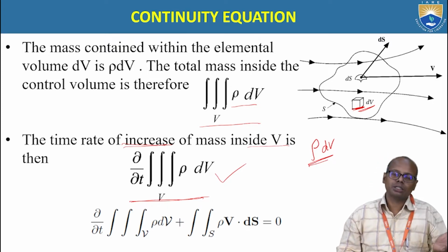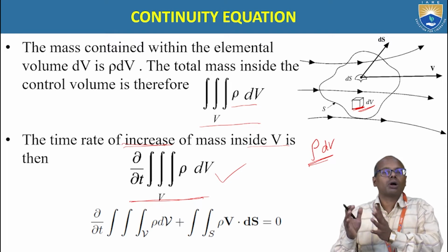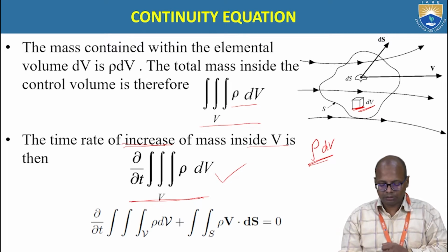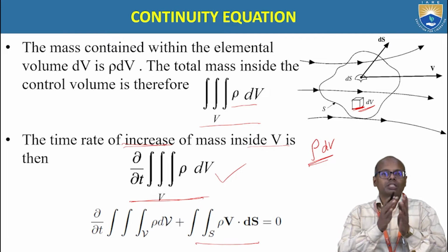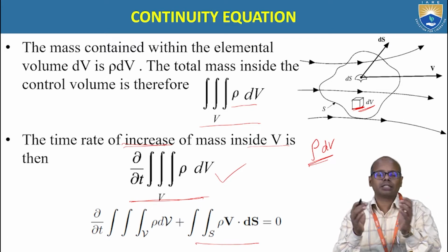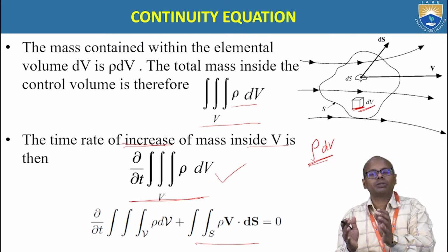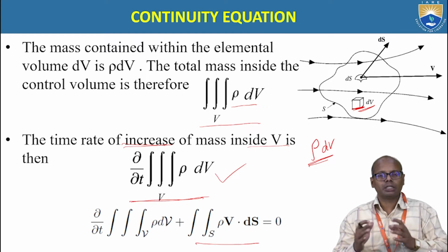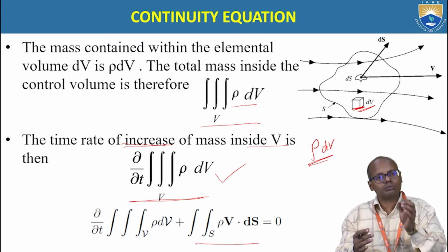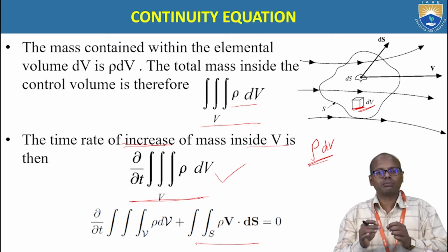The other one is the net mass flow out of the control volume, that is given by this. They must be equal, because whatever is entering, say suppose the net mass entering the volume is 1 gram, then the change in mass of the control volume must be equal to 1 gram, because mass cannot be destroyed.